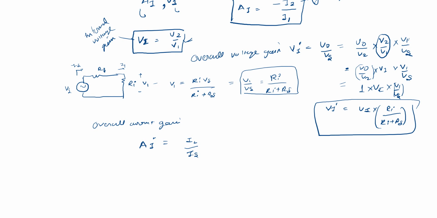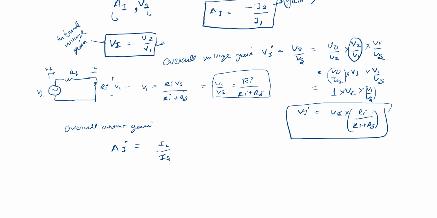So we can simplify like this again: IL upon I2, I2 upon I1, I1 upon IS. You can see that I1 and IS are the same thing, so they cancel here, and we can write the I2 over I1 into IL upon I2.